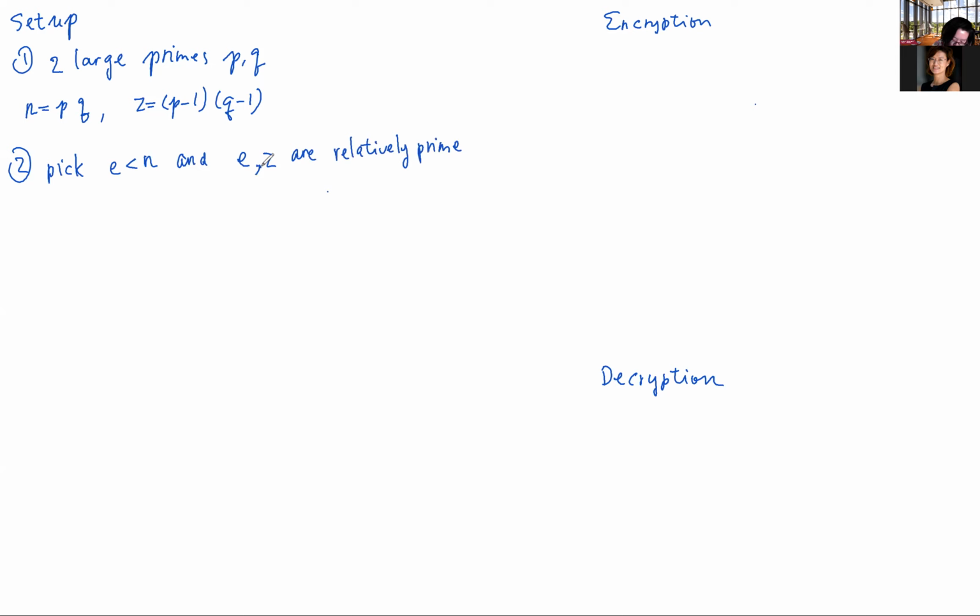Z is the totient function. And E is the public key.